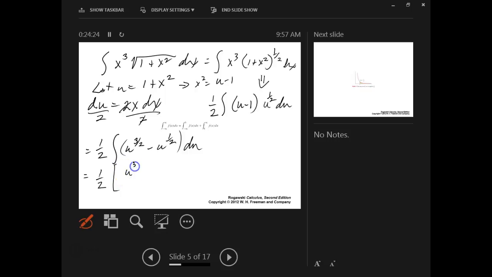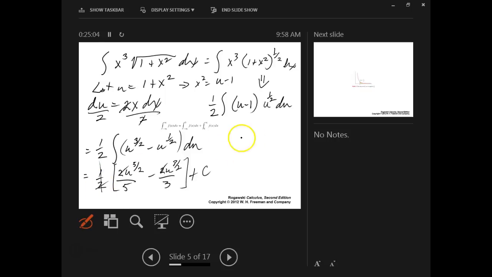u to the 5/2, is that what I heard? 2/5 u to the 5/2 minus u to the 3/2 times 2/3 plus c. Okay. Now, when you distribute the 1/2 across there, then you lose both of these 2's.